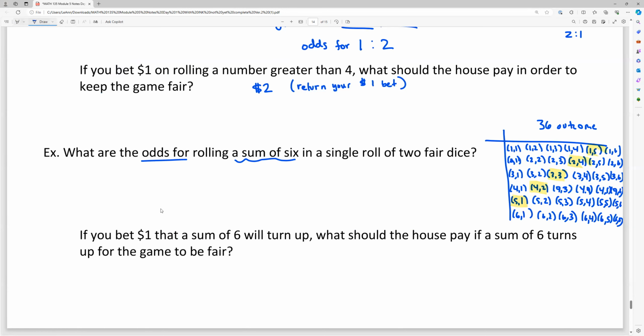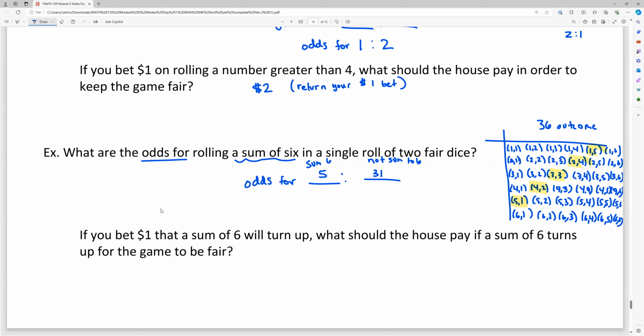So for the number of favorable outcomes, the odds for, we put our favorable, which means they sum to 6, and these other ones are going to not sum to 6. So we have 1, 2, 3, 4, 5 out of the 36 outcomes that sum to 6. If you subtract 5 from 36, that tells you how many don't sum to 6. That's going to be 31. So this is 5 to 31 odds in favor of rolling a sum of 6.